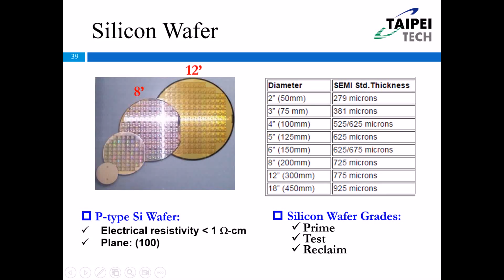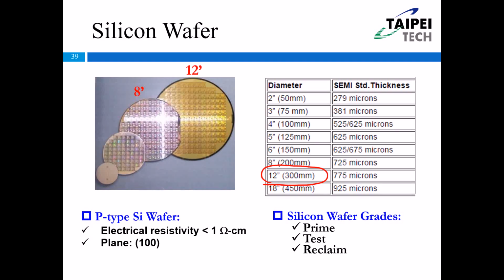But if I fabricate a transistor and use the silicon wafer as the transistor channel, of course, TSMC must buy the prime wafer. Prime wafer means the best quality wafer. Okay. And for this table, you see, we mentioned for the memory IC and the logic IC, 12-inch silicon wafer is in mass production.